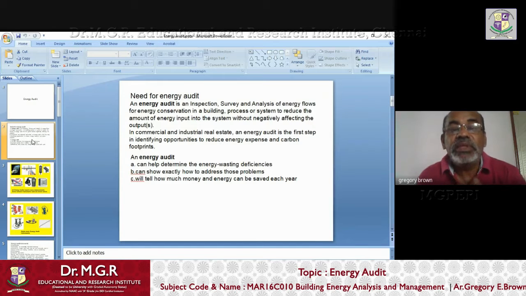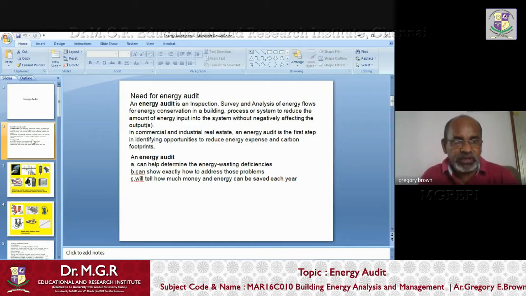And it can also tell how much money and energy can be saved each year. Okay? So if you save energy, definitely you are saving money. So this is the purpose of an energy audit. You would have found audits being done in so many offices.